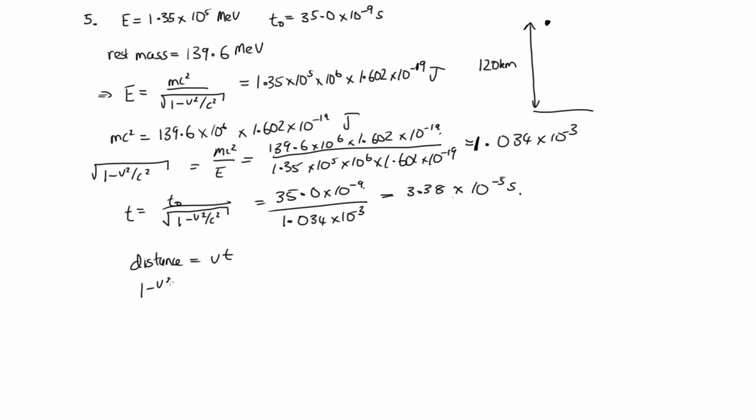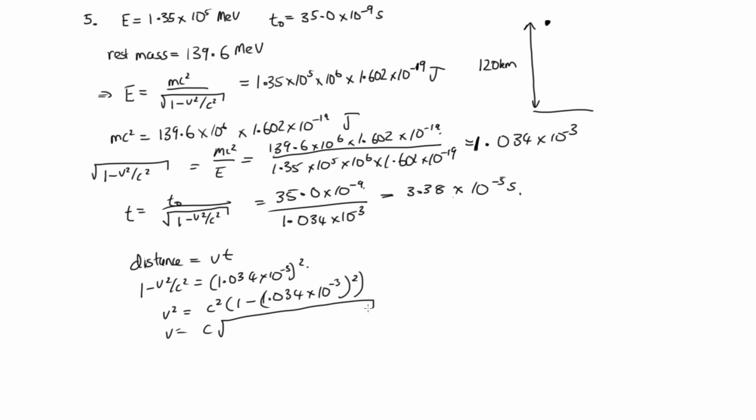So 1 minus v squared on c squared is equal to 1.034 times 10 to the minus 3 squared, and we can rearrange this a little bit. v squared is equal to c squared times 1 minus 1.034 times 10 to the minus 3 squared, and we know c is 3 times 10 to the 8, so v is equal to c times the square root of 1 minus 1.034 times 10 to the minus 3 squared.